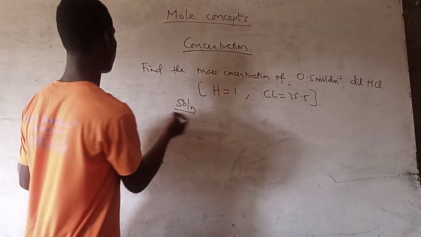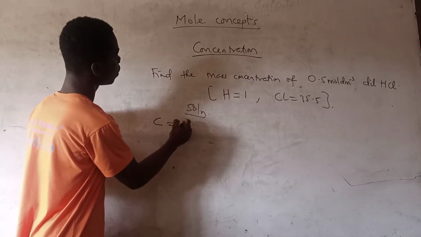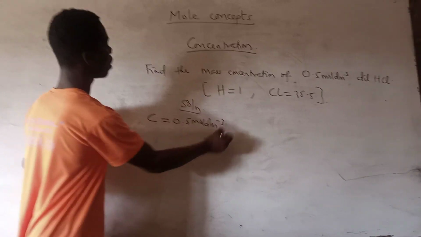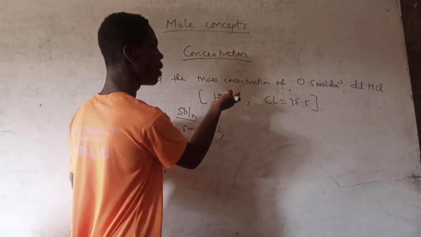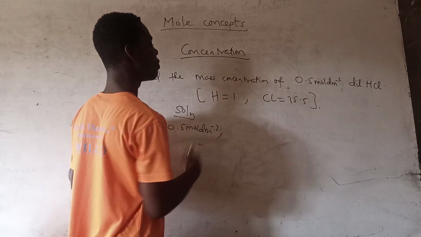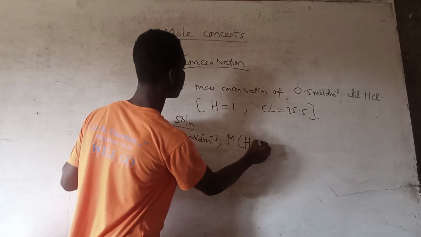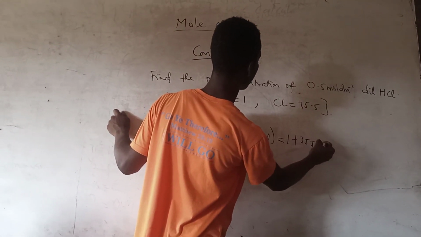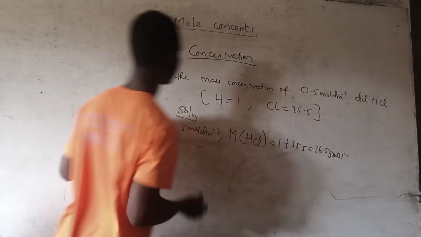So from the question, we are given the molarity or the amount concentration C to be 0.5 mole per dm³. There is also an invisible mass. So the molar mass of HCl is 1 plus 35.5, making 36.5 grams per mole.